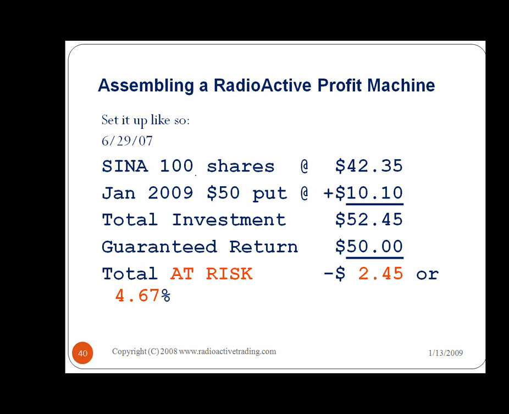So here's Cena, and I'm going back quite a bit to show you this one, although we're going to have more and more of these coming up, I believe. $42.35 is what I bought the stock for. I bought the $50 put option January 2009. That's not a misprint. For $10.10. That's also not a misprint.